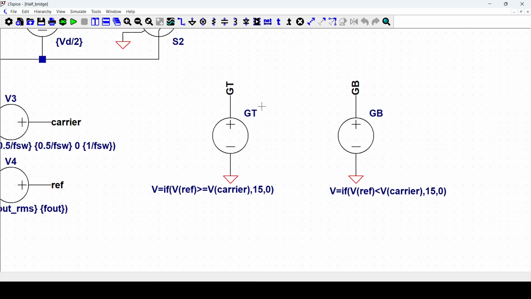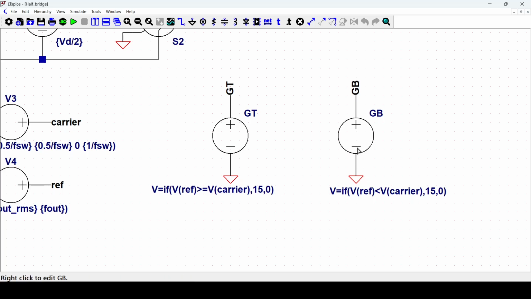So to drive the switches we need two signals, which are gate top and gate bottom. For the gate top, we can say that switch 1 will be on if the reference is higher than the carrier. So if the reference is higher or equal to the carrier, we've got 15 volts to drive the switch on, else we've got 0.